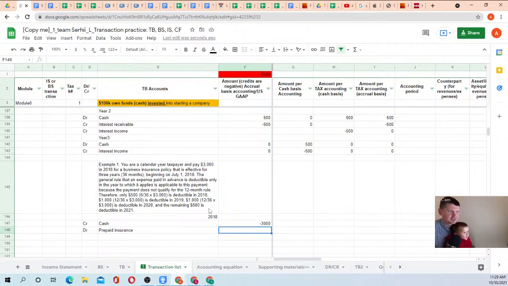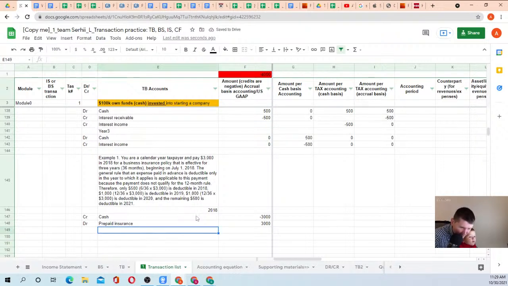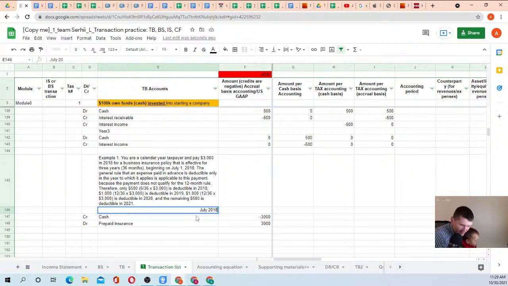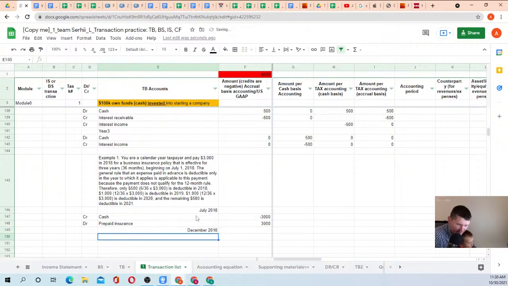Okay, that's a benefit of working from home. So initially we have recognized a prepayment, and that's July 2018. Now we have December 2018, and at that point we will debit and credit something.